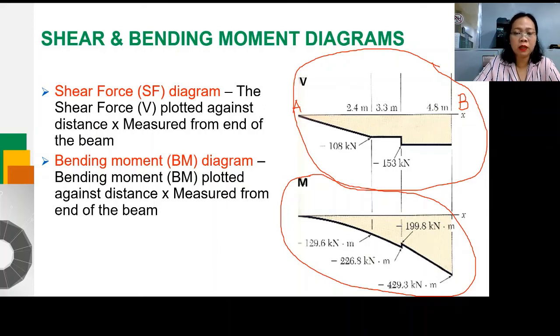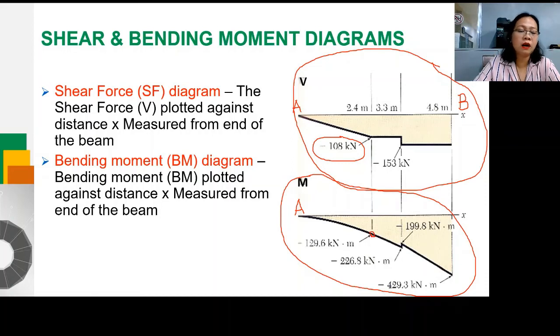For example, at 2.4 meters from point A, the value of the shear force is negative 108 kilonewtons. And at the same distance, at 2.4 meters from point A, the bending moment is negative 129.6 kilonewton meters. So at this exact point.